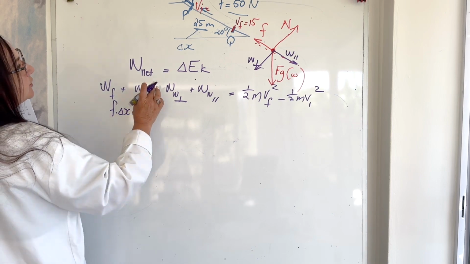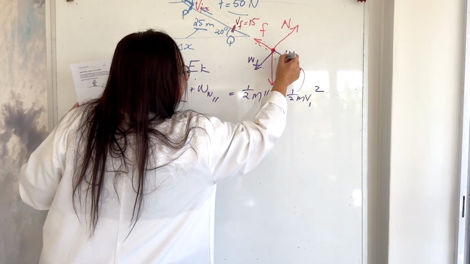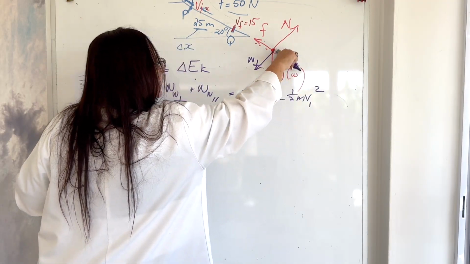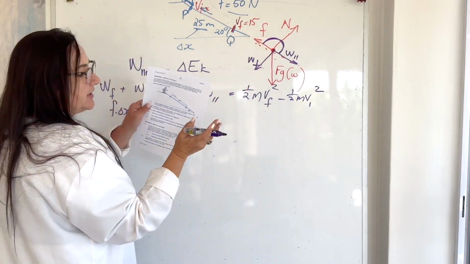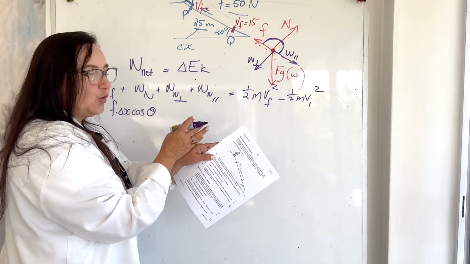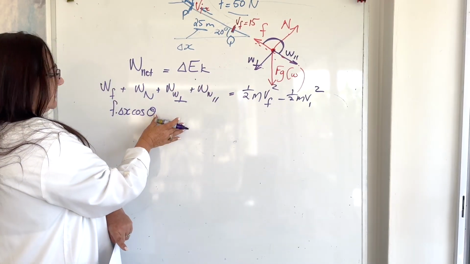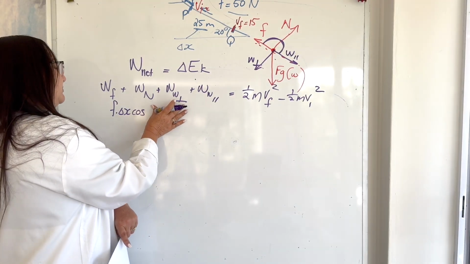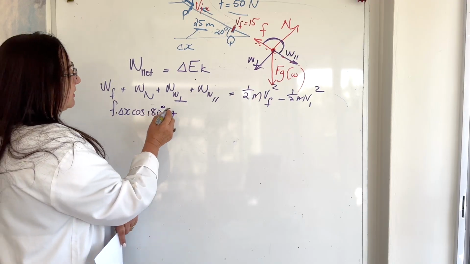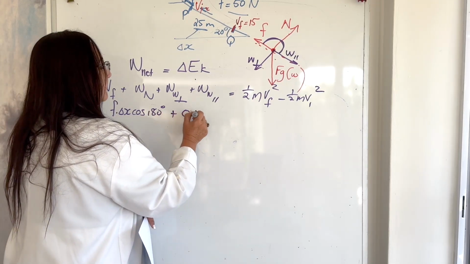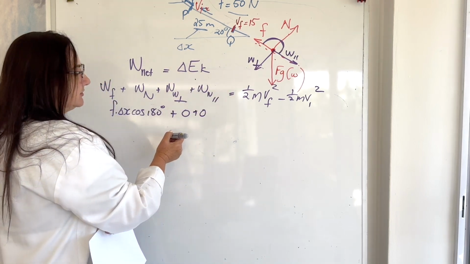Now that theta we know is going to be 180 degrees because the displacement is in that direction, friction is in the opposite direction, so the angle between my force and my displacement is 180 degrees. So I can already put it in as 180 degrees. Plus work done by my normal, 0 joules. Plus work done by my perpendicular weight, 0 joules.